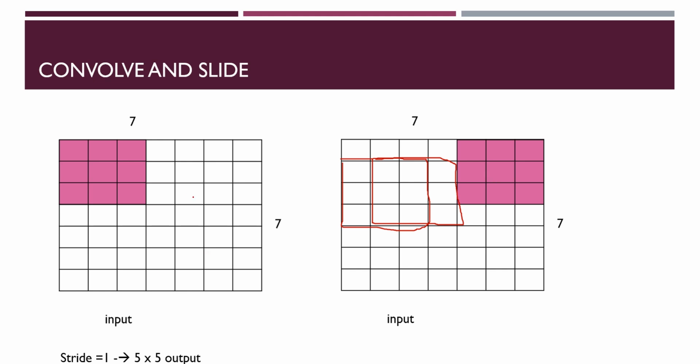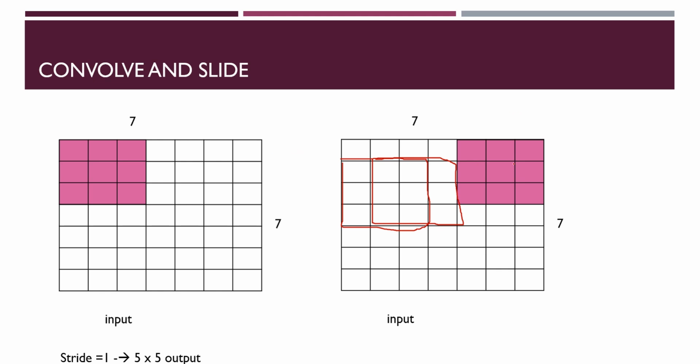So performing these operations, the output that we get from this kind of operation will be 5 by 5. For the first convolution operation, you will get one value. When the first stride has been taken by the filter, you will get a second value, then third, then fourth, and then fifth, and then you have reached the end.